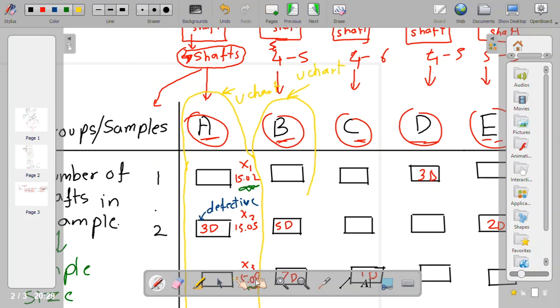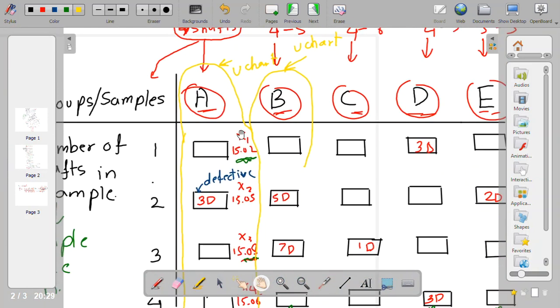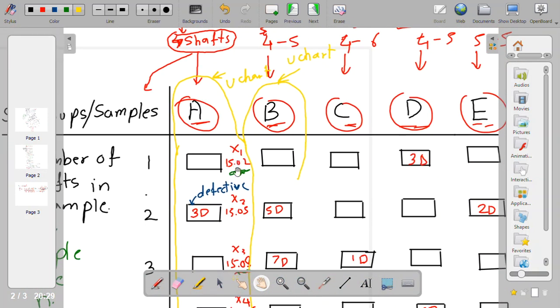Okay, suppose the sample size is not constant, that time we have to use U chart. And in a numerical, if they have given data only in sample, only in units, means total number of units they have given, that time we have to use U chart.